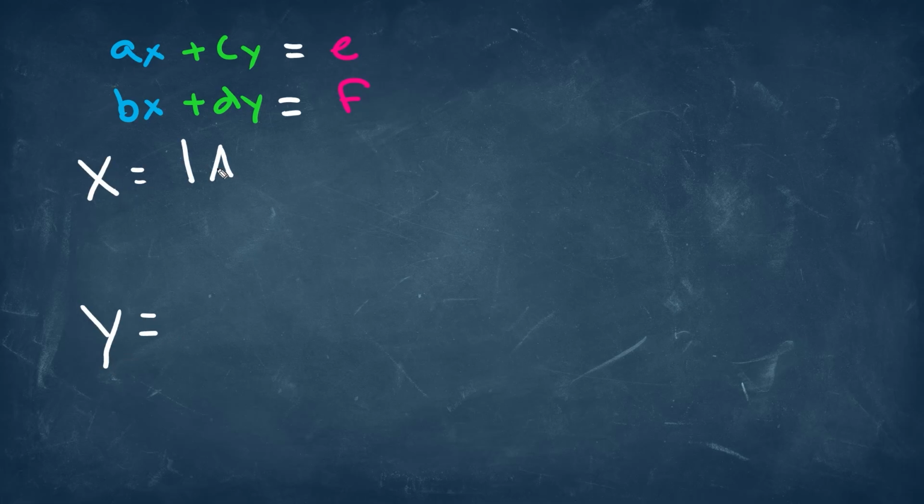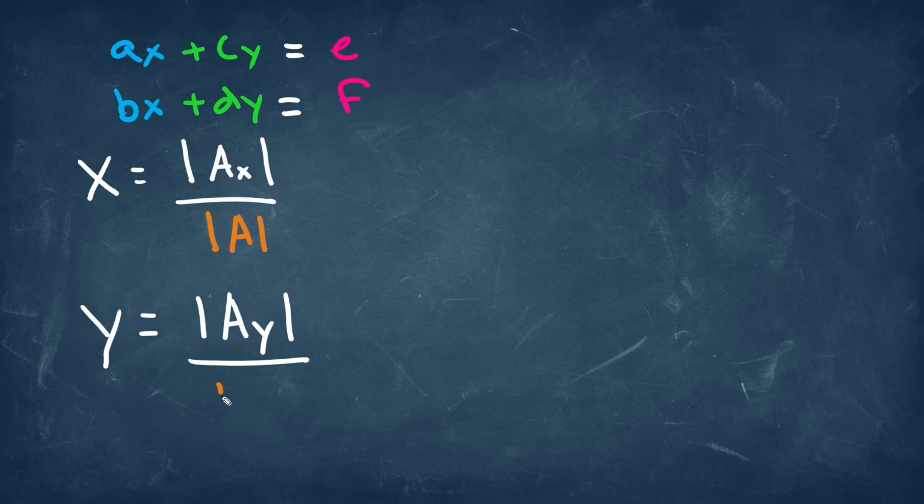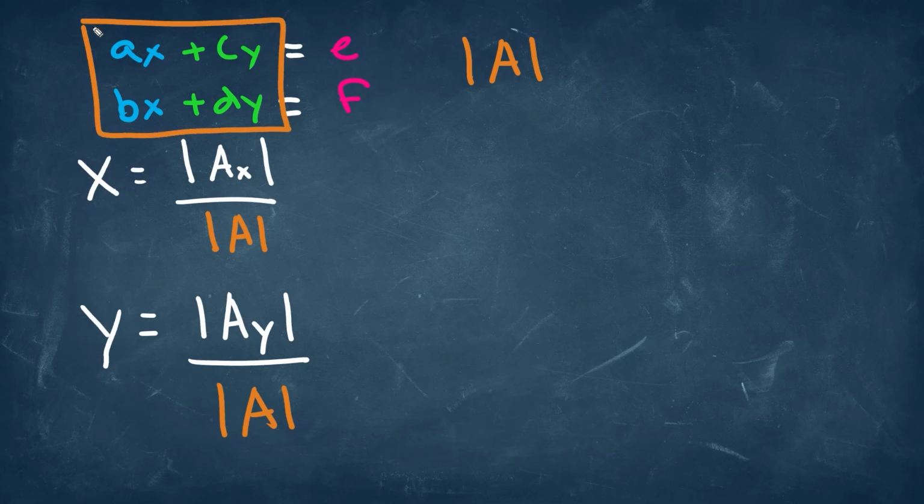The first one we'll call A of x over A, and for y, it'll be a determinant of A of y over A. Now A, our determinant, is calculated from looking at the values that are inside of our x and y variables, and that will be equal to the determinant of a, b, and c, d.